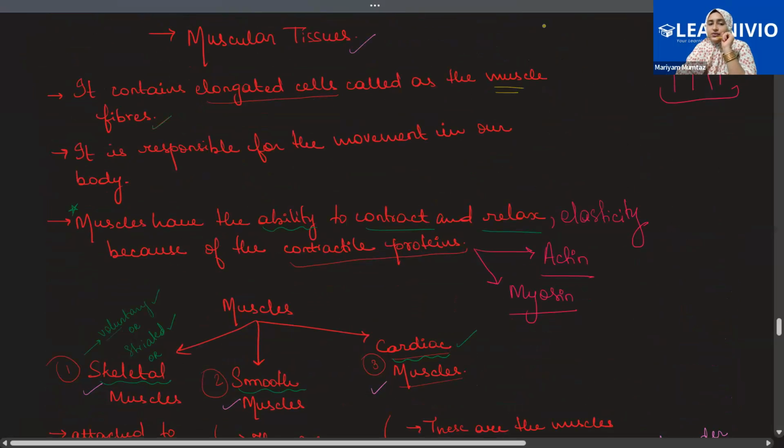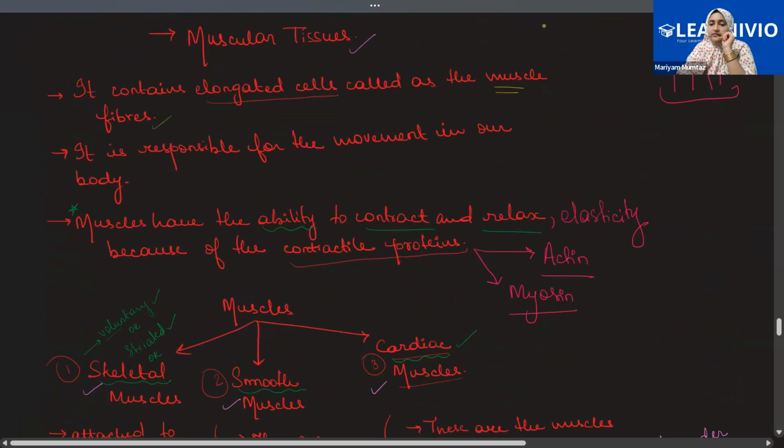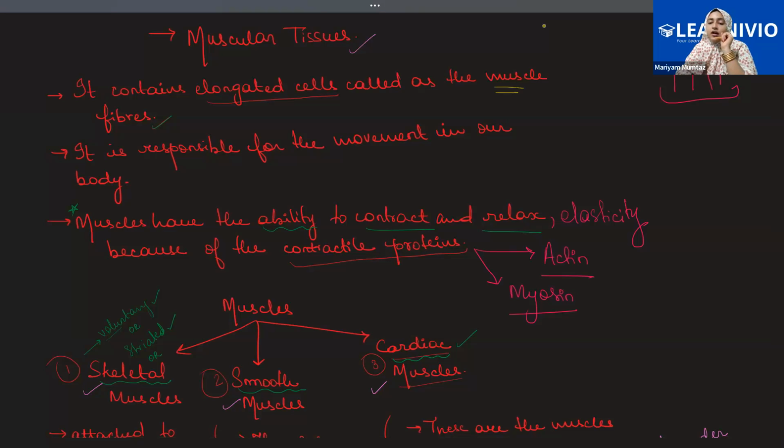If we just had the bones in our body, that would not produce any kind of motion. For motion to happen, we need the bones along with the muscles to perform any kind of movement.